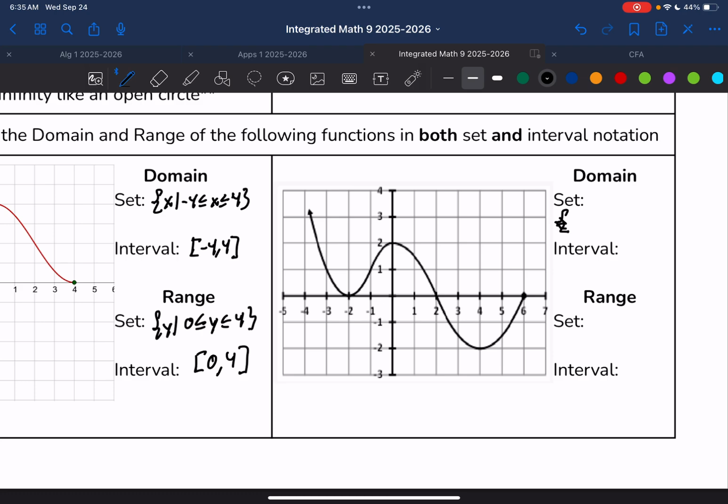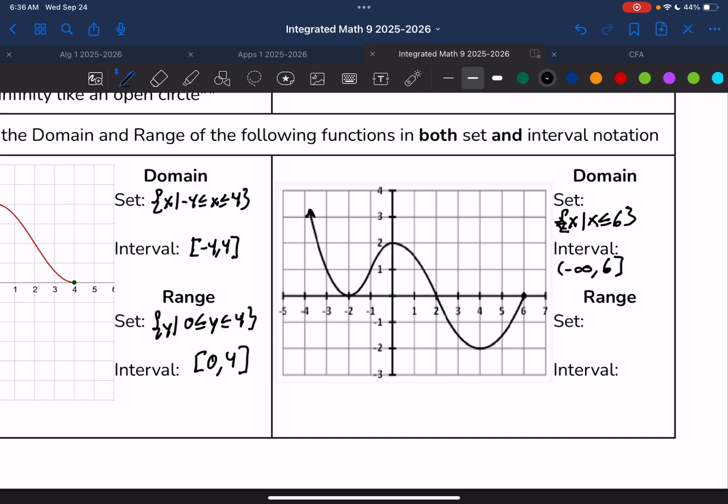All right, and then over here for the domain, for the set notation, we're going to do a set that contains all values x, where x is less than or equal to 6. Just notice this arrow means we're going to go on forever in that direction. Meaning for our interval, it is -infinity up to 6, and 6 is included, so we put a bracket.